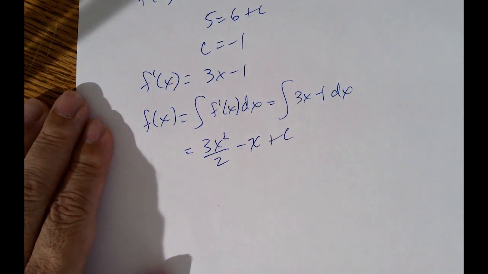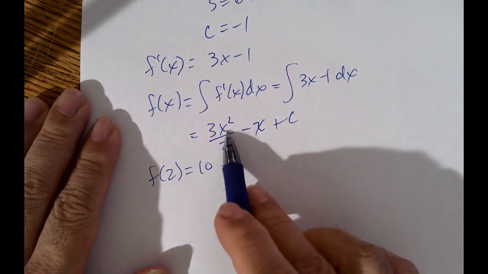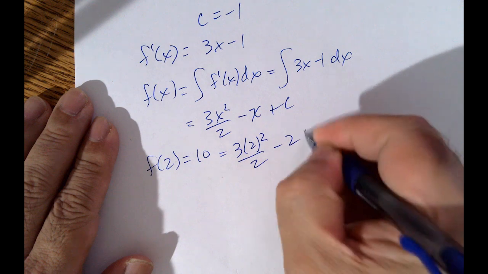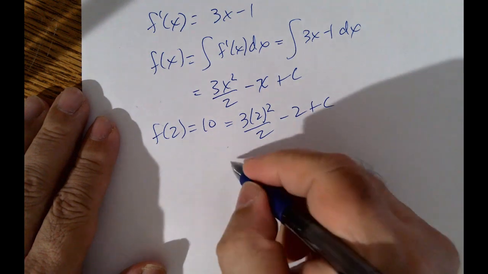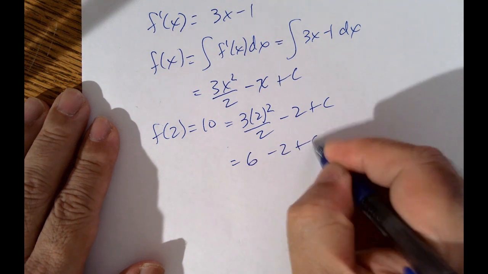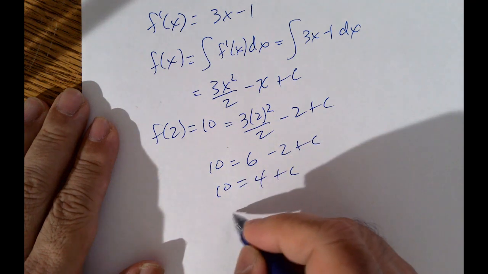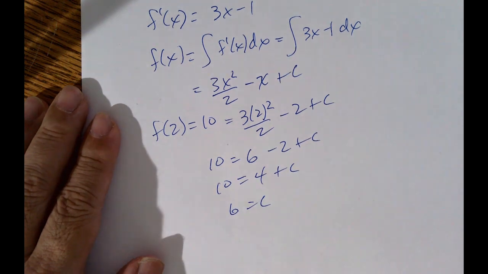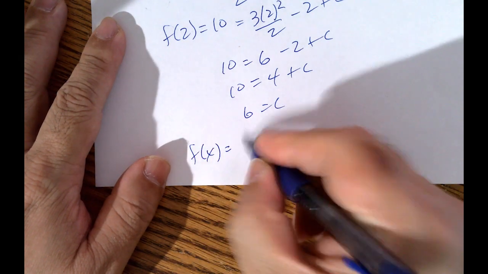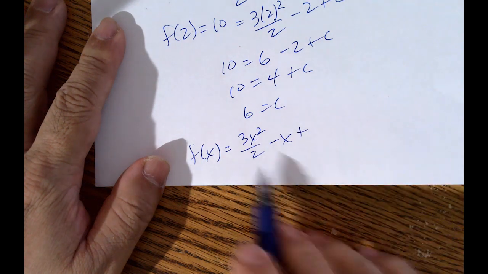So that means we're going to substitute 2 for x. So it's 3 times 2 squared over 2 minus 2 plus c. And that's going to be 3 times 4 is 12, divided by 2 is 6, minus 2. So that's 4 plus c. Remember, all this equals 10, so c is 6. So final answer, remember f of x was 3x squared over 2 minus x plus c, and we just found c to be 6. So that's the answer.